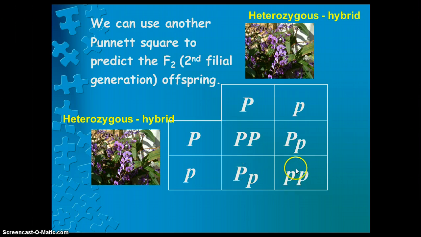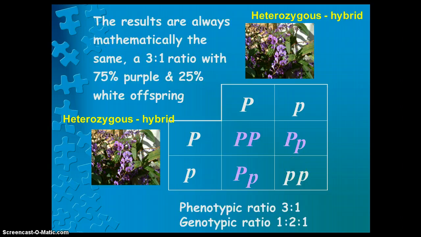And here we don't have any dominant traits, so our recessive traits are able to show. So what this tells us is the results are always mathematically the same. A 3-to-1 ratio with 75% purple and 25% white offspring.